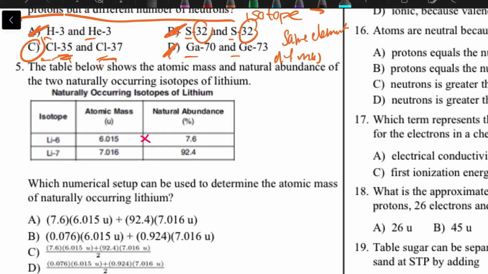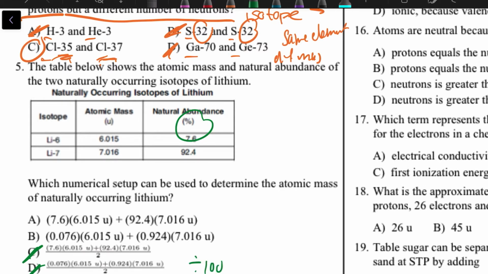Number 5. Because you have isotopes, they all exist in different percentages or natural abundances, and so you're able to take a weighted average of all the naturally occurring isotopes to calculate the average atomic mass. Whenever you're doing this, you have 2 options. You can leave everything in the chart as is and divide by 100, or you can convert this to a decimal. Right off the bat, we can get rid of C and D because you are dividing by 100 or you are dividing by nothing.